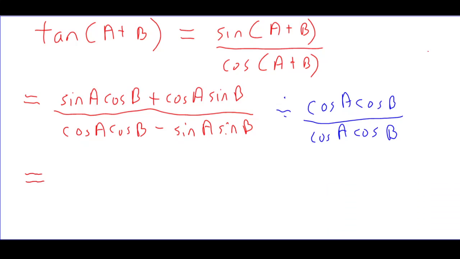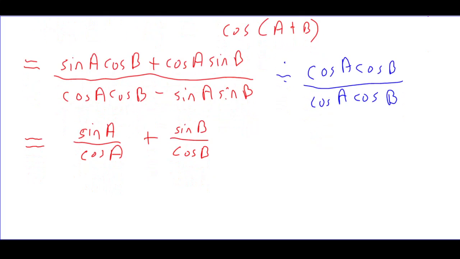As I take the numerator of this expression and divide it by cos A cos B, I'm going to have to divide both terms by cos A cos B. So what ends up happening is I end up taking sine A dividing by cos A, but the cos B's will divide out, and I get sine A over cos A. For the second term, the cos A's cancel out, and I get sine B divided by cos B. That's just the top of the fraction.